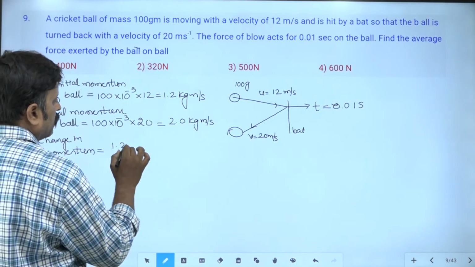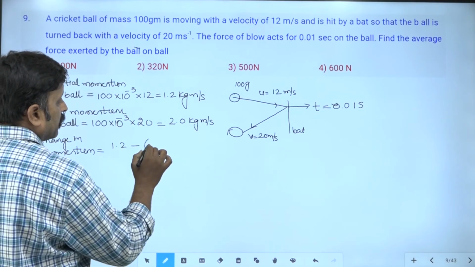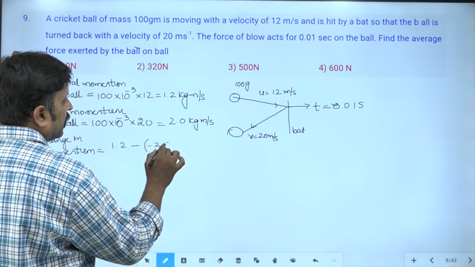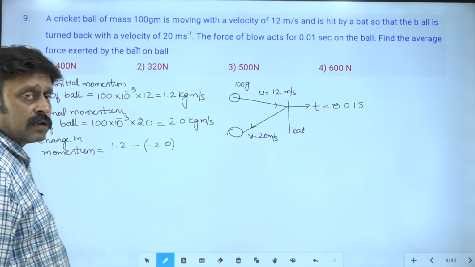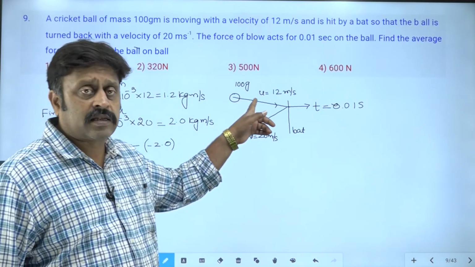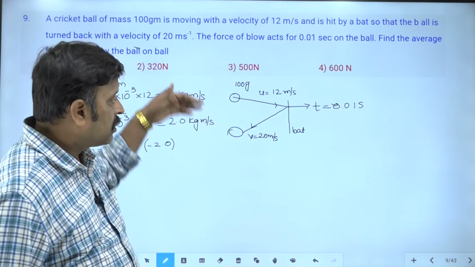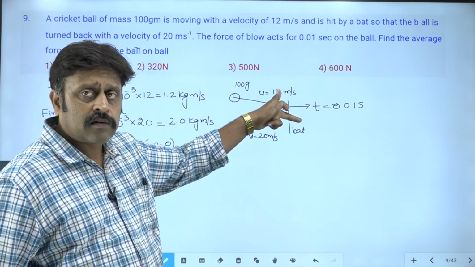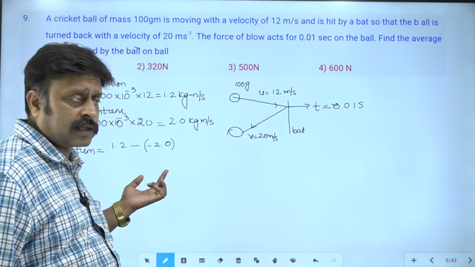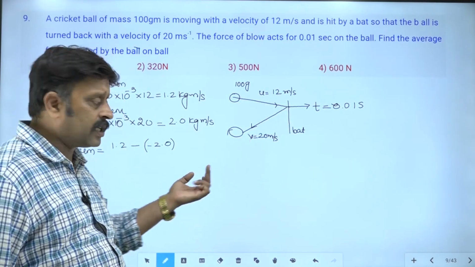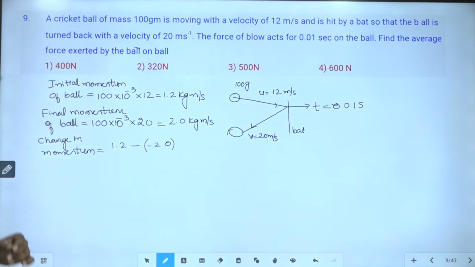Initial momentum is 1.2 minus final momentum. I am writing it as minus 2.0. Why am I writing 2.0? Because after the ball strikes the bat, the ball is moving in the opposite direction. This is the initial direction. After striking, it is moving in the opposite direction. That's the reason why this velocity I have taken with the negative sign.